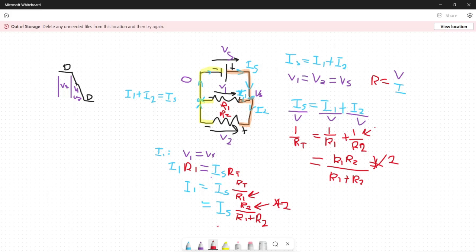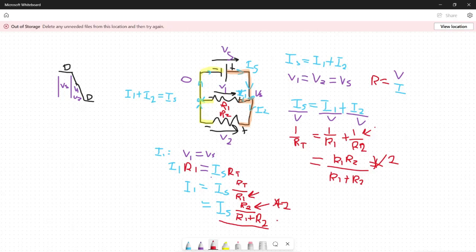But that aside, and that's a bit of a tangent, this formula is really useful if we haven't calculated our total resistance yet. If you get a question which has two branches and you haven't calculated your total resistance yet, then this formula is often much faster.